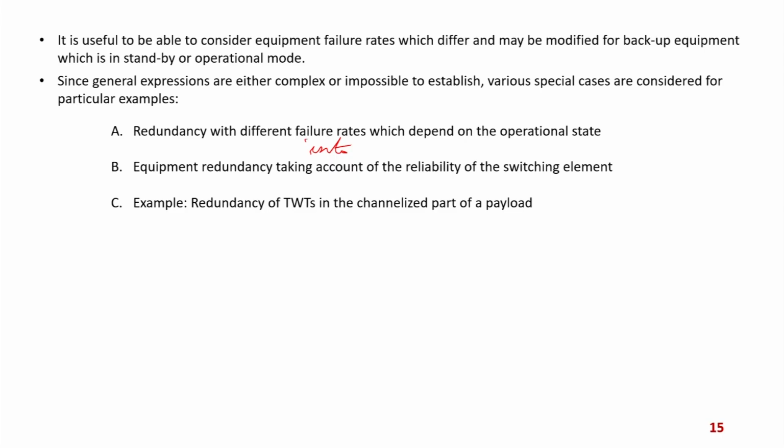But now in this second example the probability is not 1, it can be anything between 0 and 1. Then we will consider the redundancy of the travelling wave tubes, that is the TW tubes in the channelized part of the transponder, that also as an example we will take.